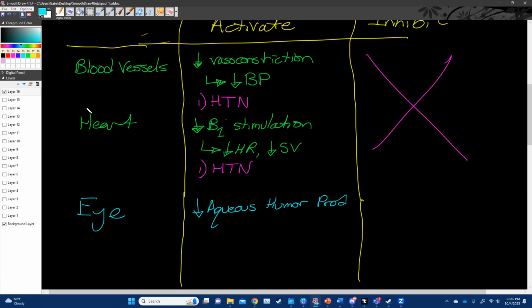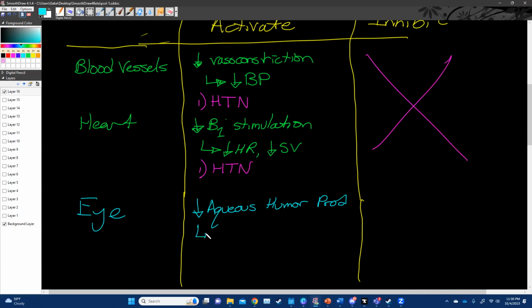And think about this for a second. What is alpha 2 doing? It's decreasing the outflow of beta and alpha stimulation. So if you remember, it was the beta 2 receptor that increased aqueous humor production.